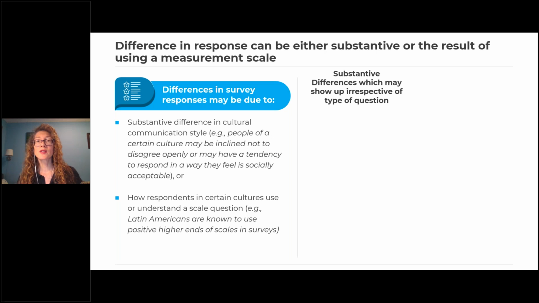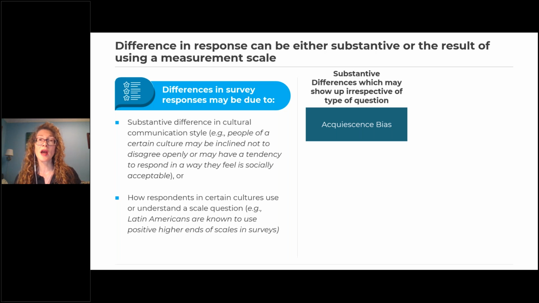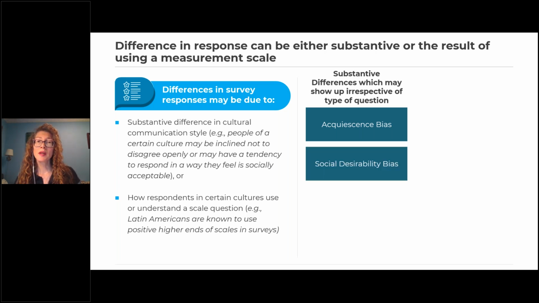So here are some, and this is not an exhaustive list, but some things to think about, some substantive differences which may show up irrespective of the type of question. So the first one we see a lot in market research is the acquiescence bias. And that is the tendency for people to agree. And we have to watch out for that. Another one might be the social desirability bias.